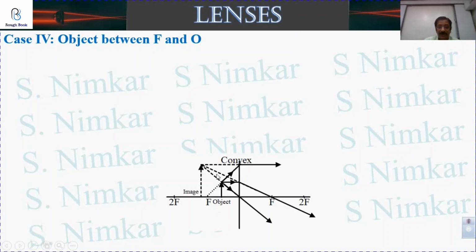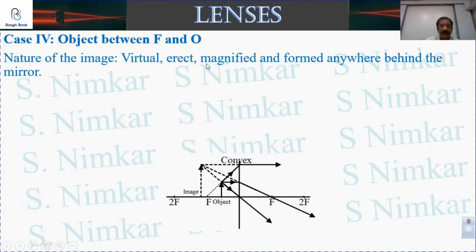Now the nature of the image is virtual, erect, it is magnified and formed anywhere behind the object. It can be between object and focus, at focus, between f and 2f, at 2f, beyond 2f, anywhere behind the object. So nature of the image is virtual, erect, magnified and formed anywhere behind the object.